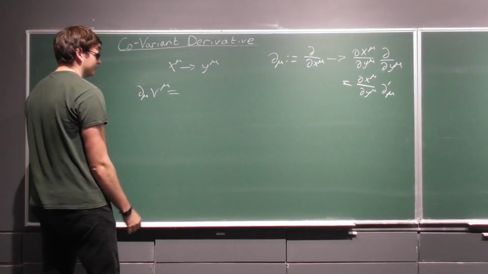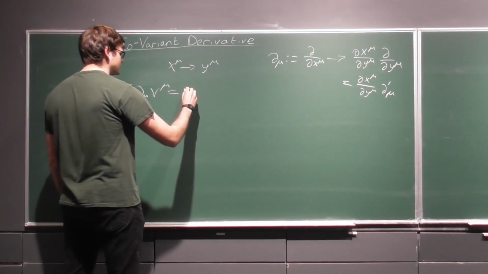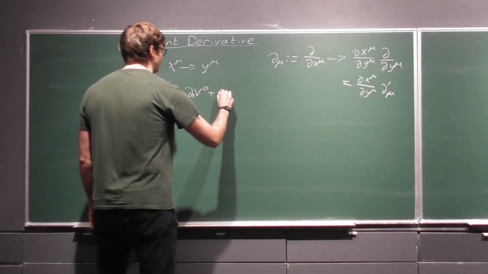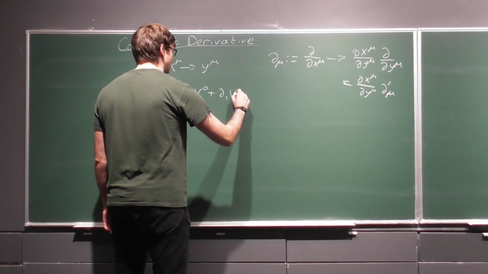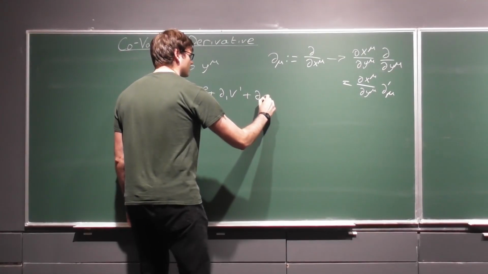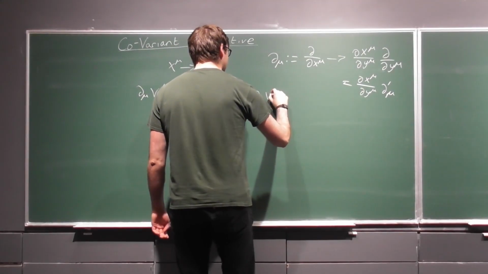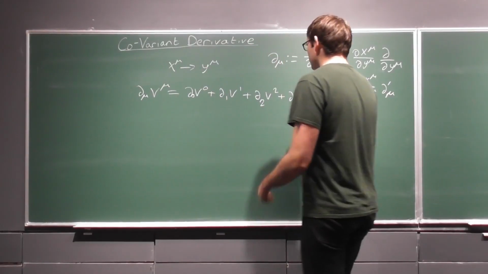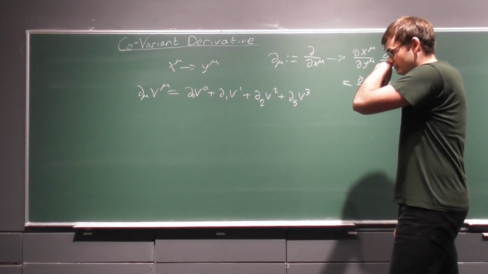So let's say we had four components, then this would just look like a divergence, which you may have seen from vector calculus: the sum of the partial derivatives of v1, v2, v3. Okay, so that's what we get from that.